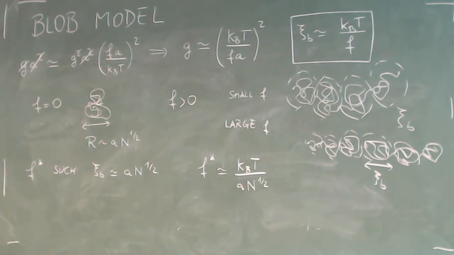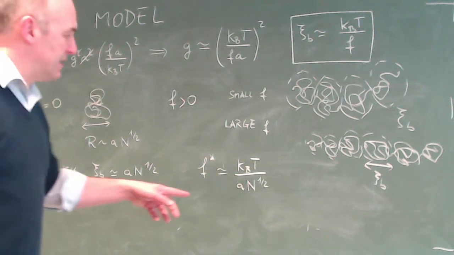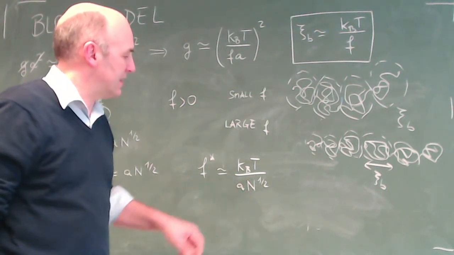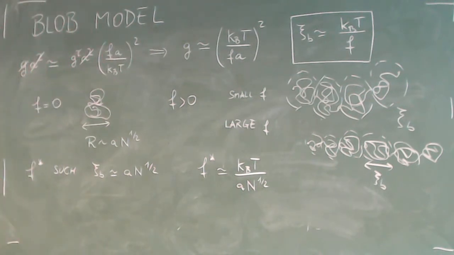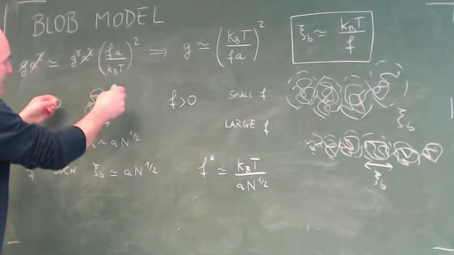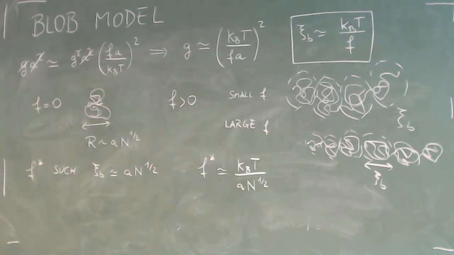So this is a force scale that you see is decreasing as the length of the polymer becomes larger and larger. It is the force scale at which I start seeing a manifest effect of stretching. Okay, when I see really that my polymer is not a uniform spherical blob, but there is some stretching at the end point.